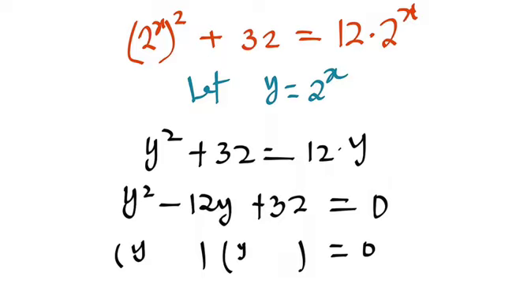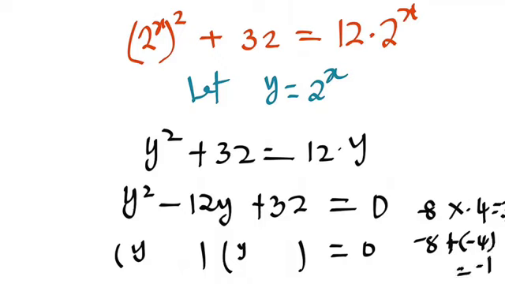So now you know that 8 times 4 is going to be 32. Now minus 8 times minus 4 will give us plus 32, but minus 8 plus minus 4 will give us minus 12.